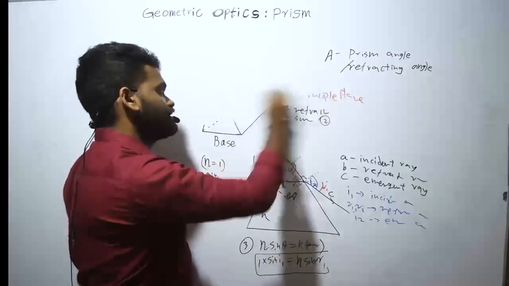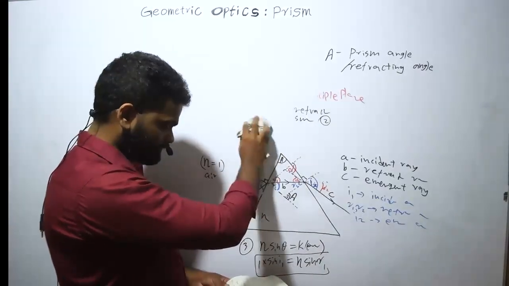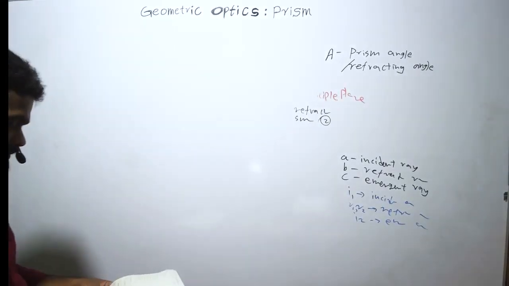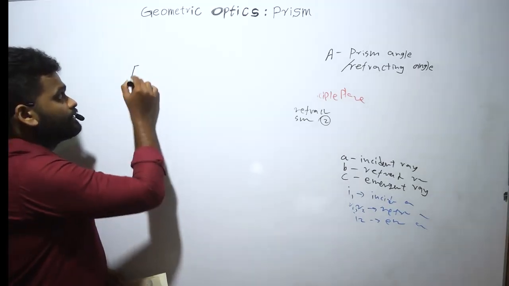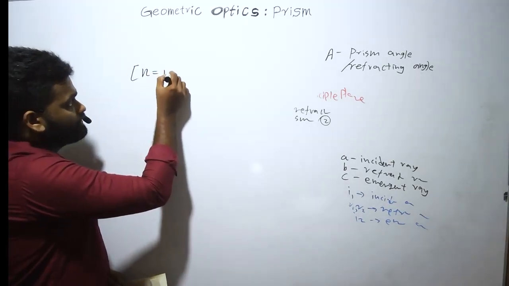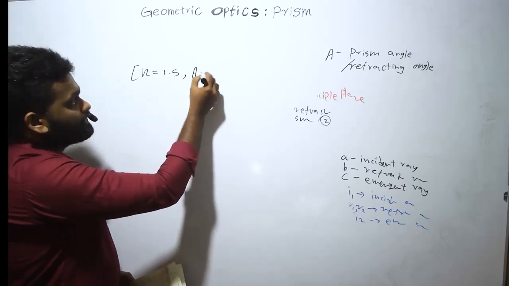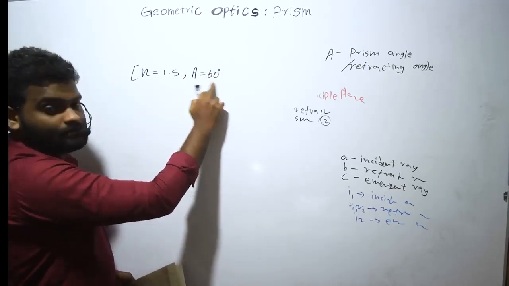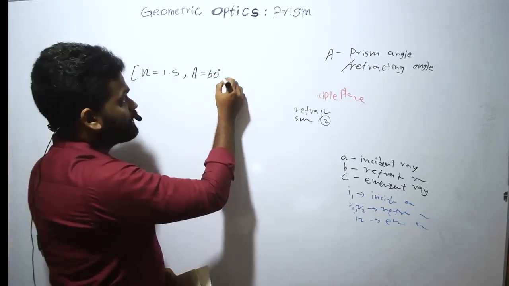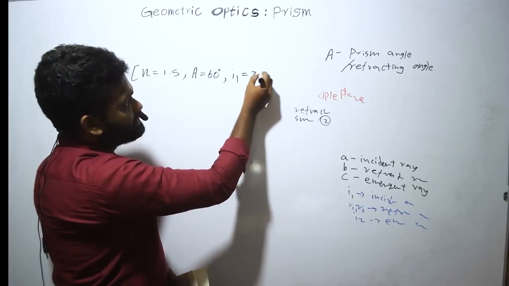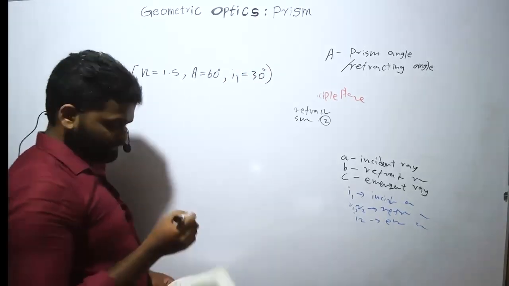It is given that n equals 1.5, capital A equals 60 degrees, that is the prism angle, and I1 equals 30 degrees.